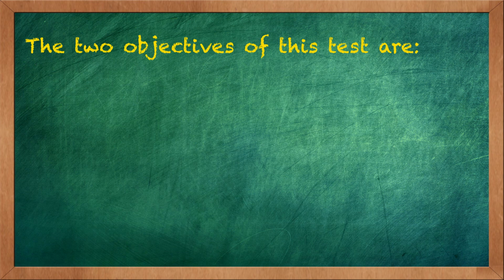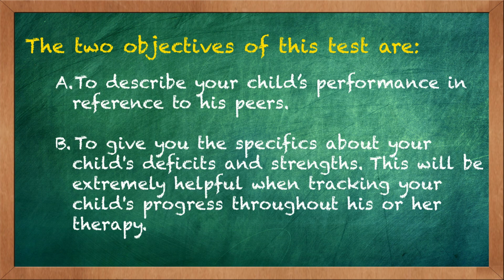The 2 objectives of this test are to describe your child's performance in reference to his peers, and to give you the specifics about your child's deficits and strengths, and this will be extremely helpful when tracking your child's progress throughout his or her therapy.